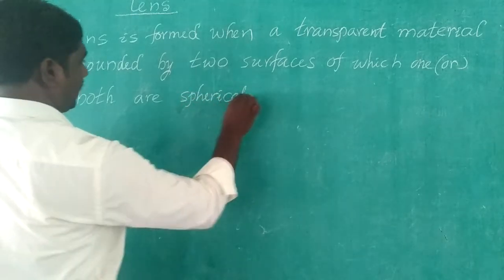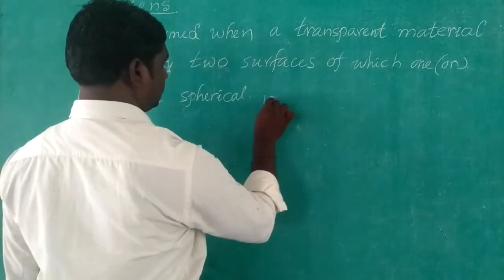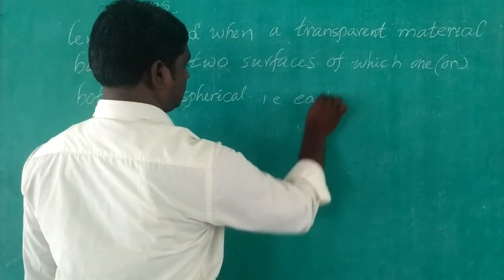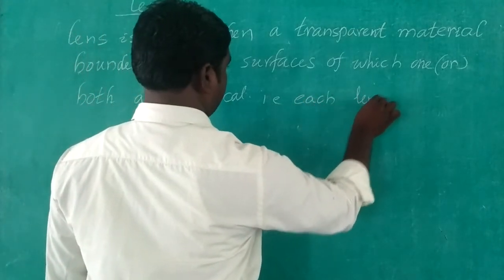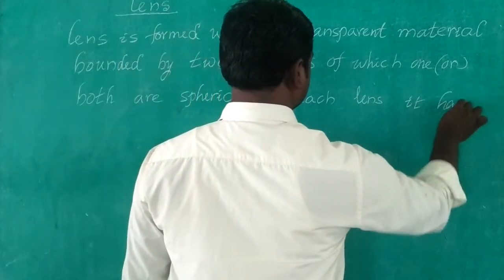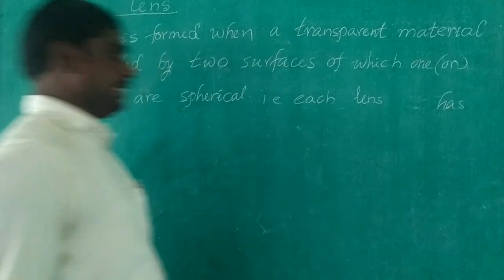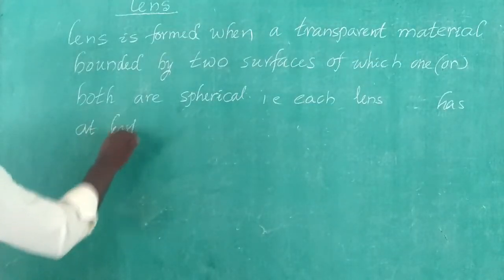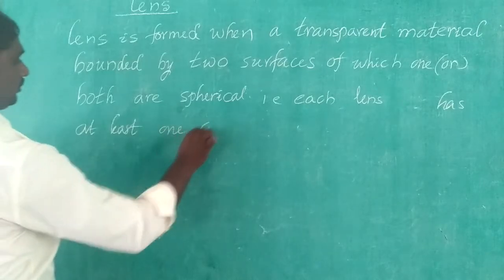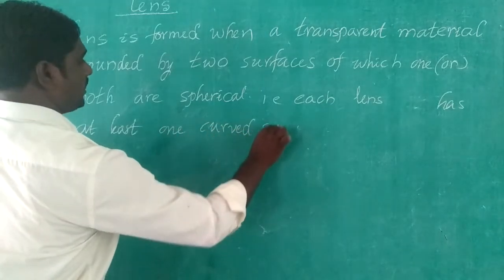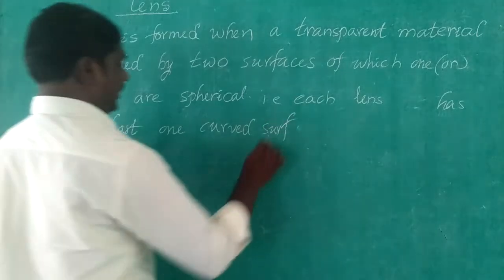That is, every lens has at least one curved surface.